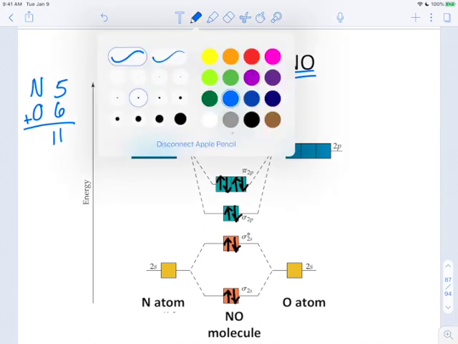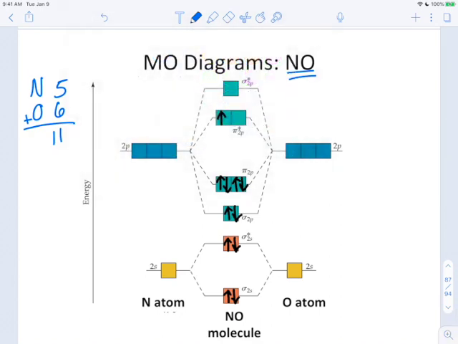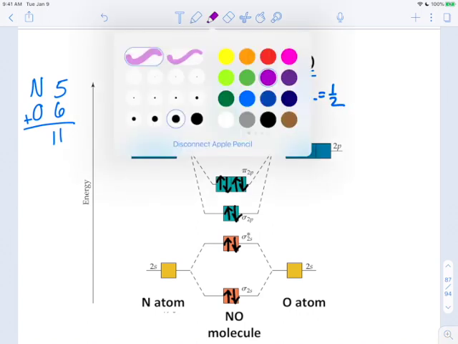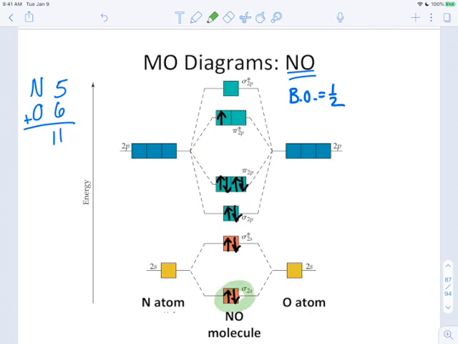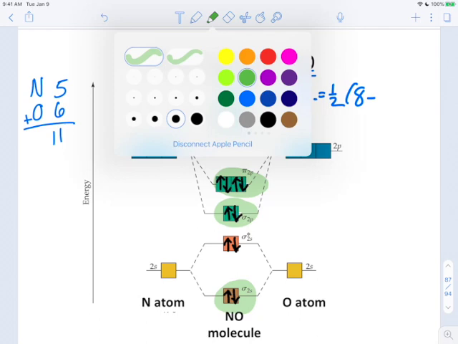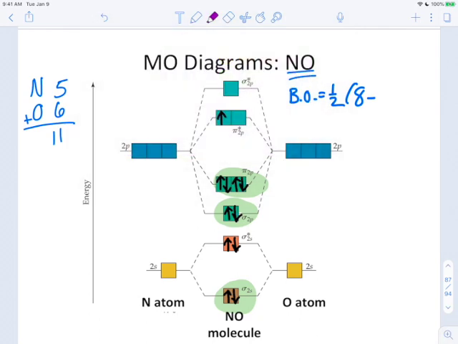Okay, so let's do our bond order. So 1/2 bonding minus antibonding. So it looks like we have bonding, bonding, and bonding. So 2, 4, 6, 8. And for the antibonding it is 2, 3.